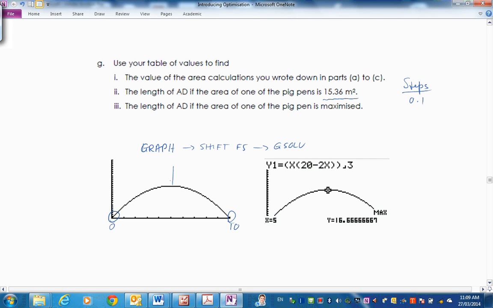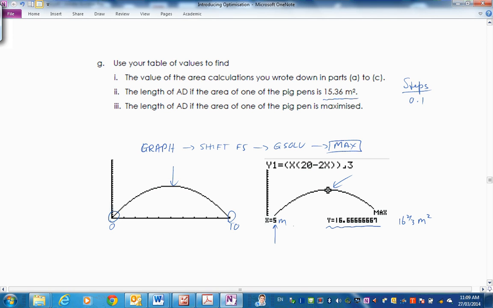And we wanted this point here somewhere. So when we hit Shift F5 GSolve and choose max, the crosshairs pop on and we find the pig pen has maximum area when X is 5 and the area is 16 2/3 square metres. You see that recurring decimal is 2/3, so that would be metres squared.